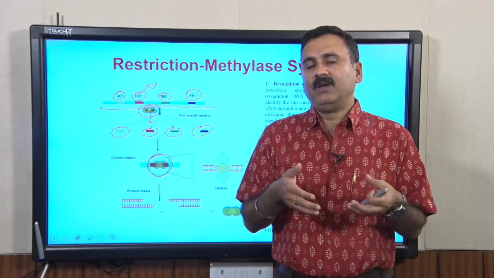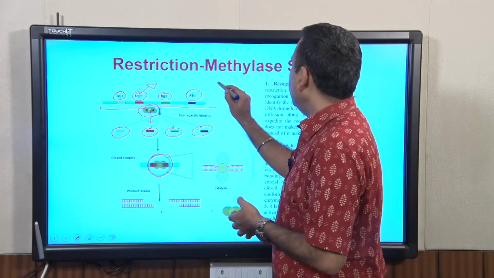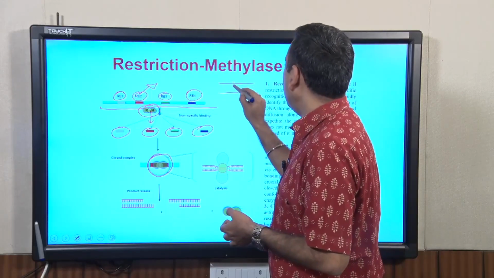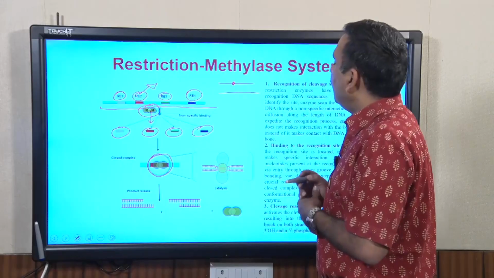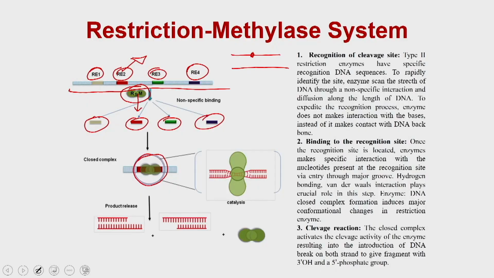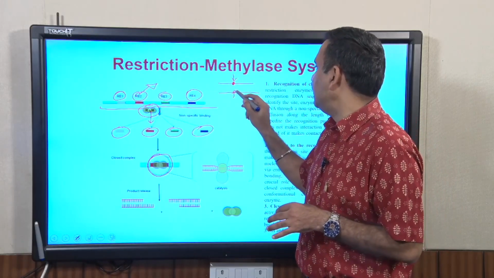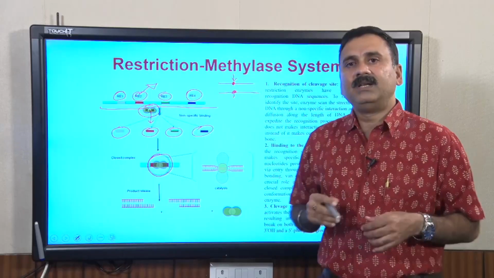But if the DNA is hemimethylated, which means that one strand of the site is methylated and the other strand is non-methylated, then the M activity on the non-methylated strand is going to generate the methylation.